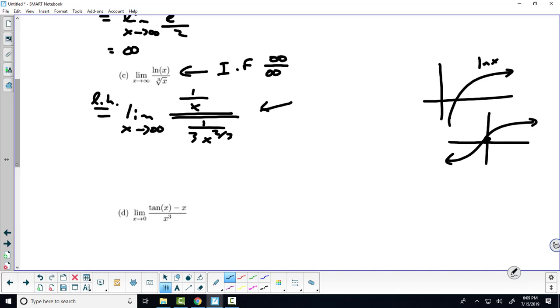So let's look at this. Now this has indeterminate form. What happens to this numerator as x gets large? Approaches 0, all over, what does this denominator do as x gets large? It has an indeterminate form, 0 over 0. Does L'Hopital's rule apply? Should we apply it?